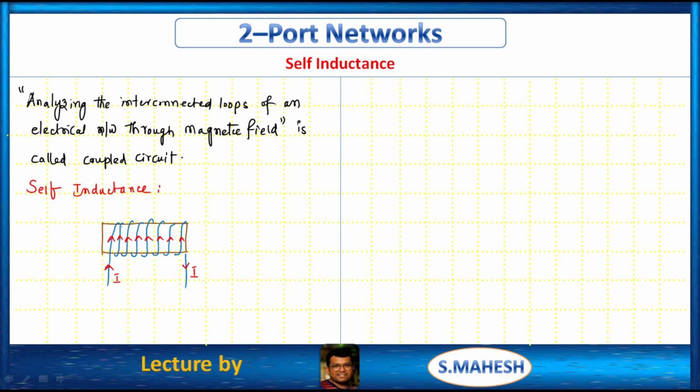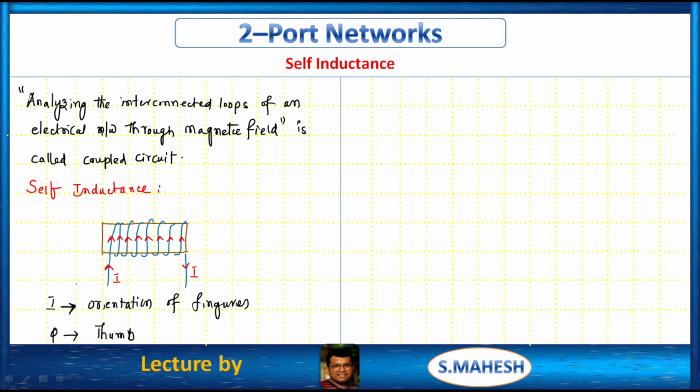A flux is developed in the core. See how we can get the flux. If the current represents the orientation of fingers, then the flux represents the thumb, right?